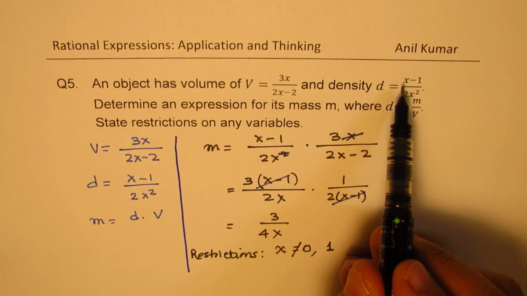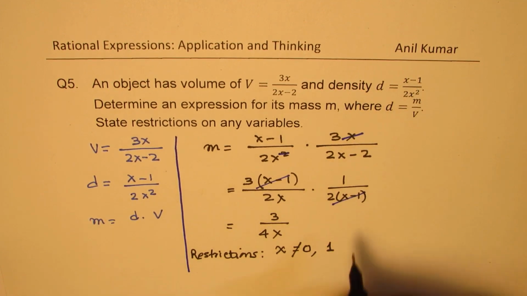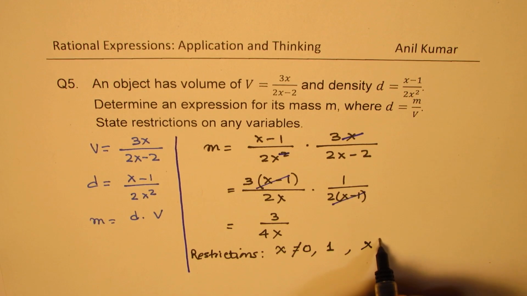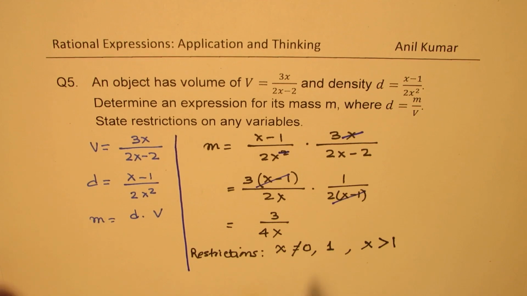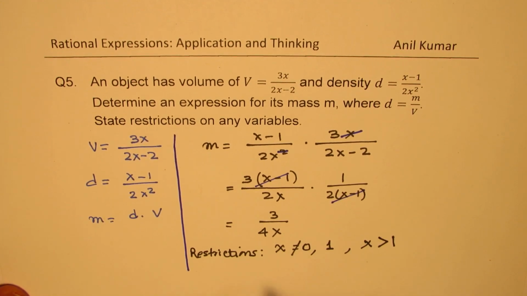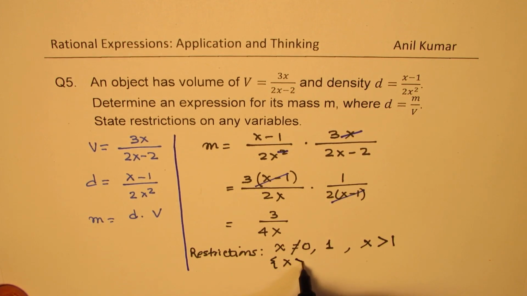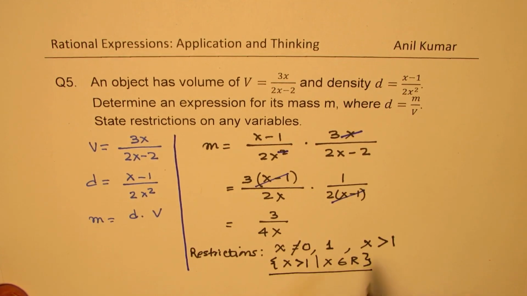Correct? So we have x which is greater than 1. Now if you look into this set of restrictions, then you can surely say that the net result is that x is greater than 1 where x belongs to real numbers, correct? So that becomes your final answer.